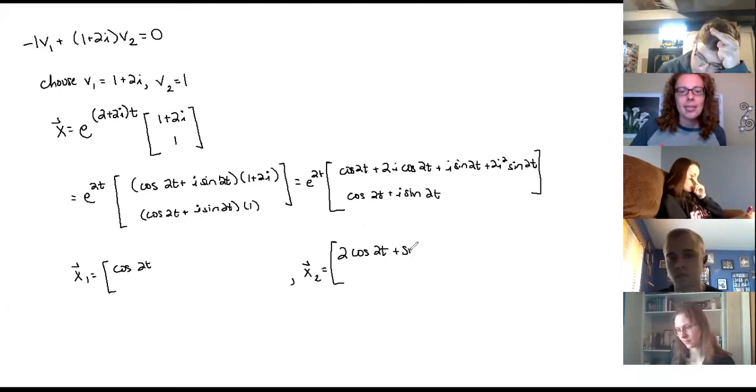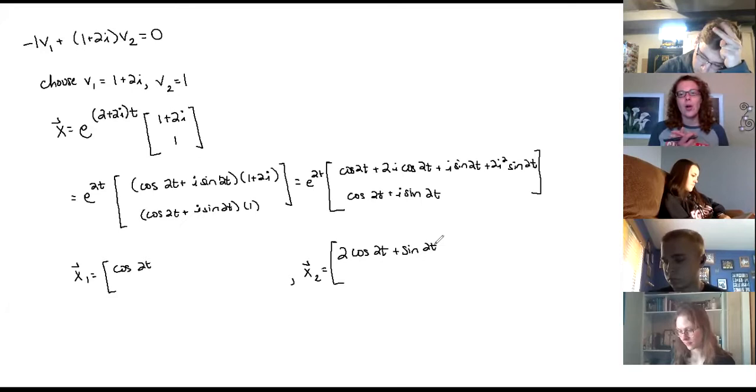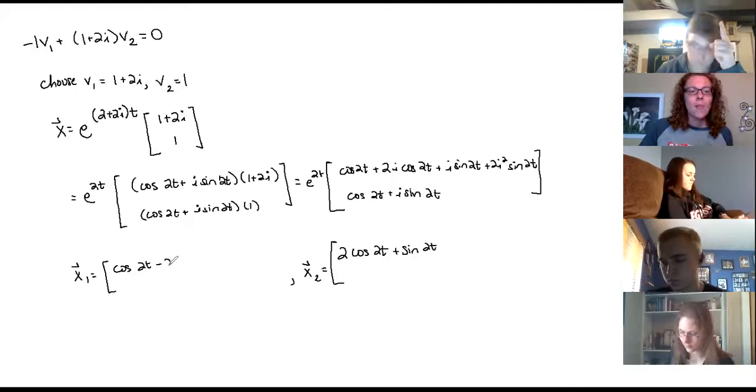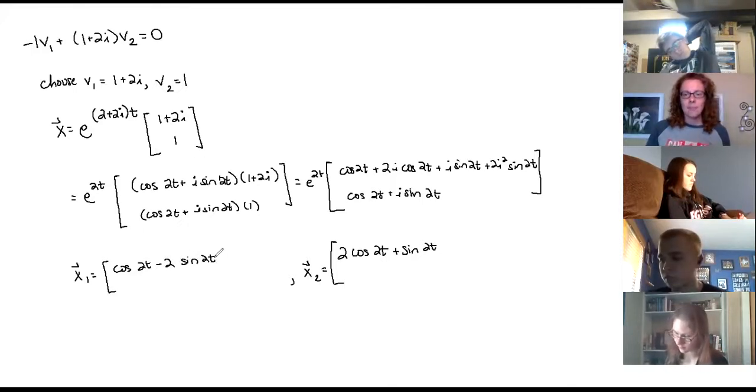So plus sine of 2t. Last piece, top row, be careful. Last piece, top row, x1 or x2? It goes in x1, and it needs to be a negative, right? Because it's got an i squared. So minus 2 sine of 2t.